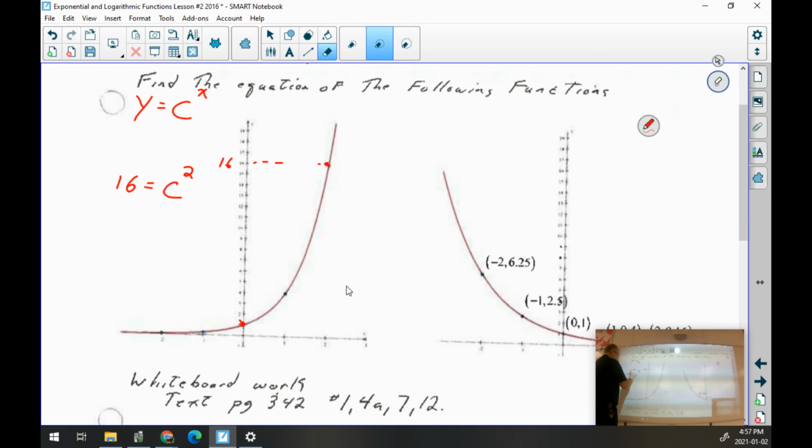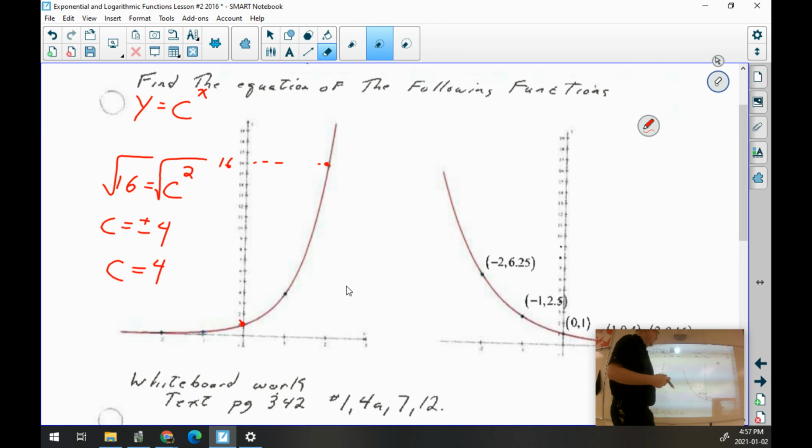So, okay, we have not an exponential function, just a normal function. I'm going to take the square root of both sides. So c is equal to plus or minus 4. We know c cannot equal to minus 4 by definition, so c is equal to 4. Any point on that graph would have given you the same thing.